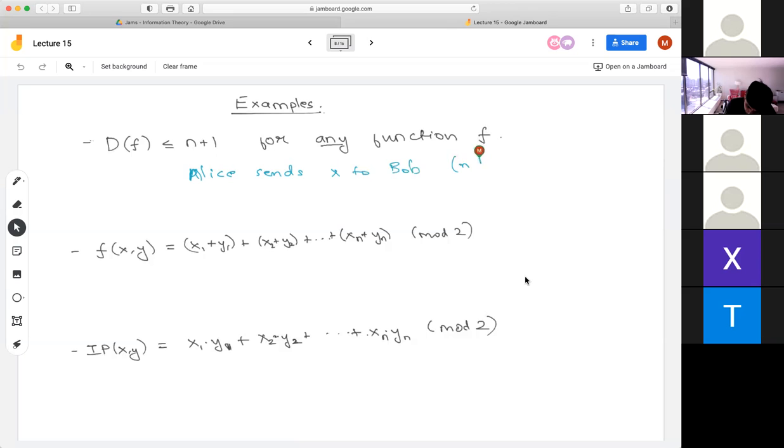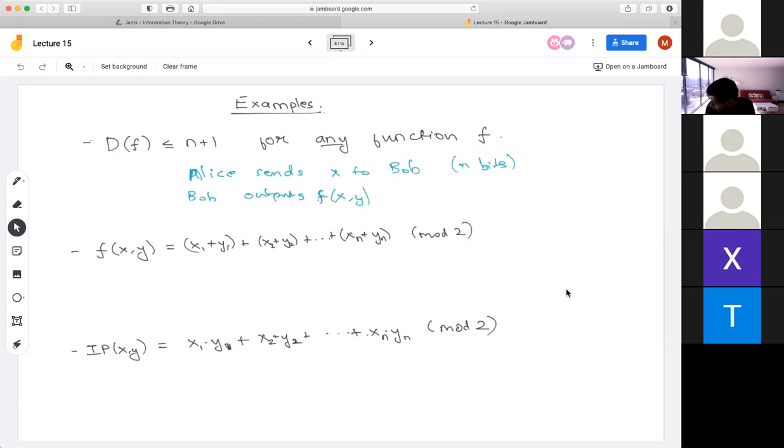This takes n bits, and Bob outputs f of x comma y. So Alice sent n bits, and then Bob sent 1 bit, or the other way around. This is asymmetric. You can define it in either way.